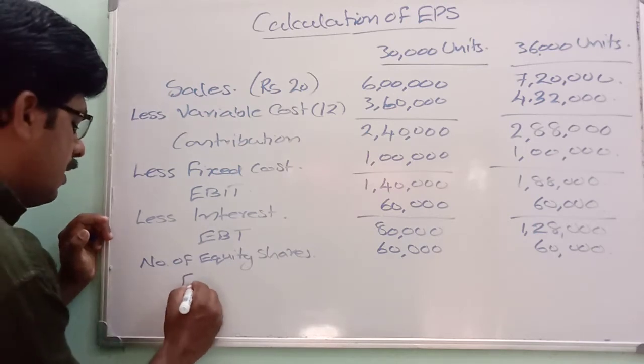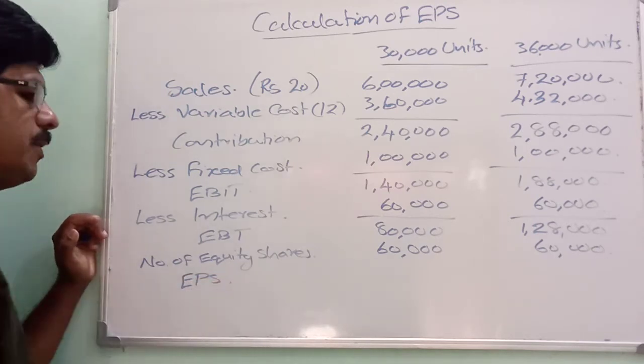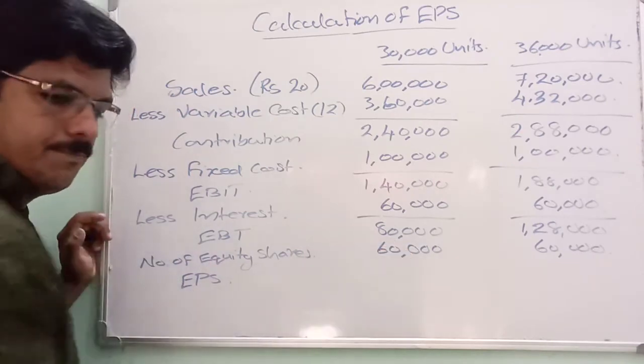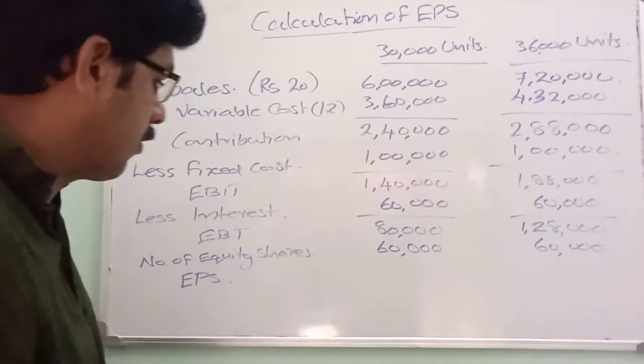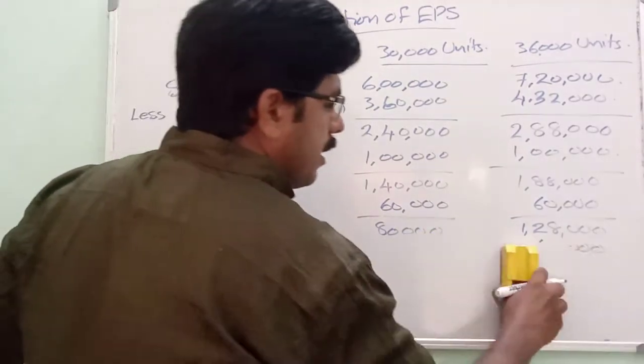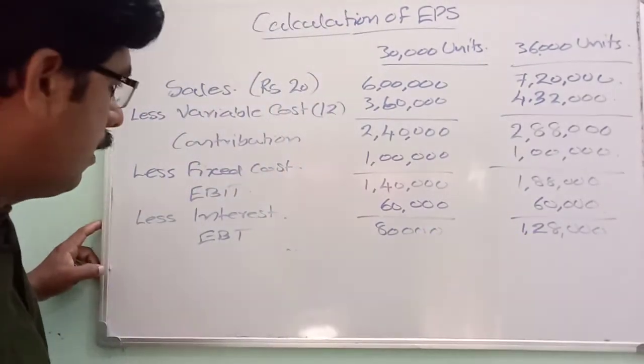Next, EPS, earnings per share. Earnings before tax is given here.